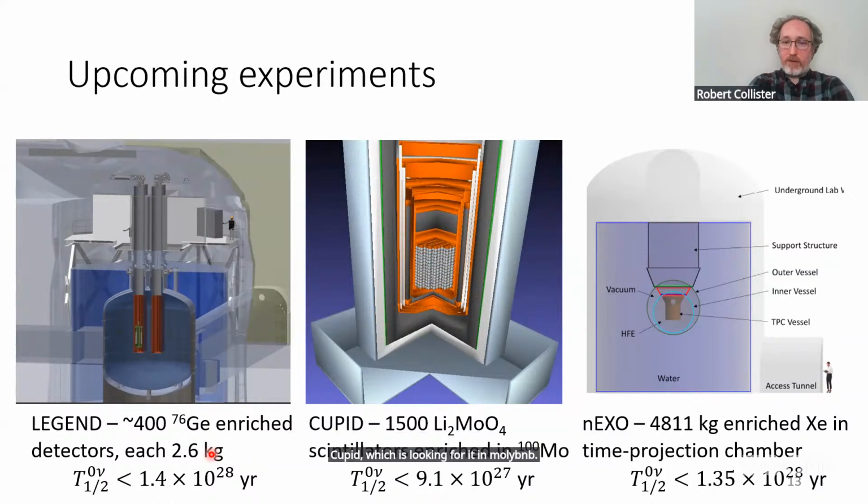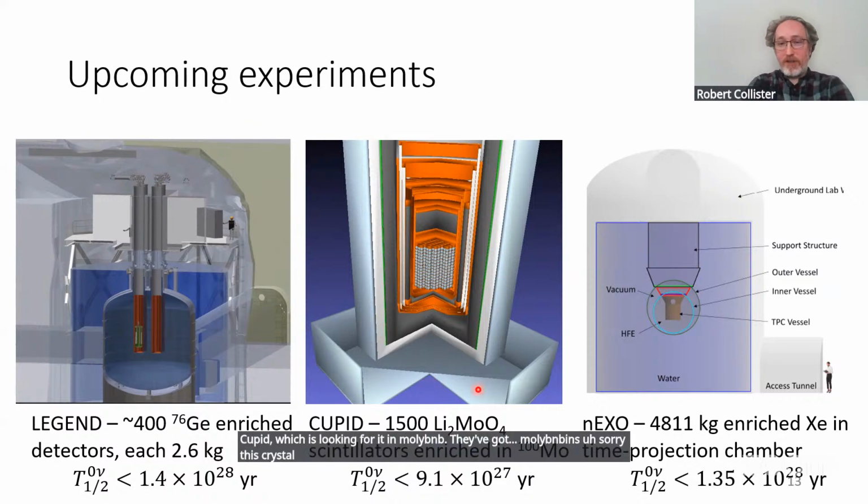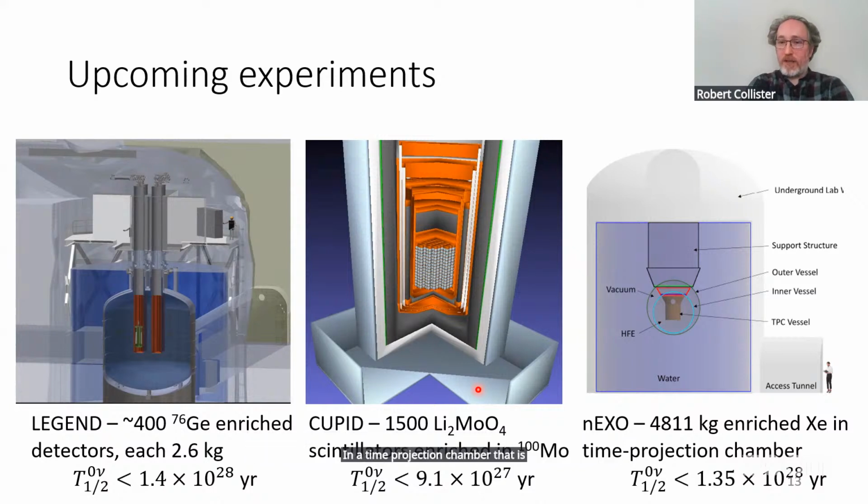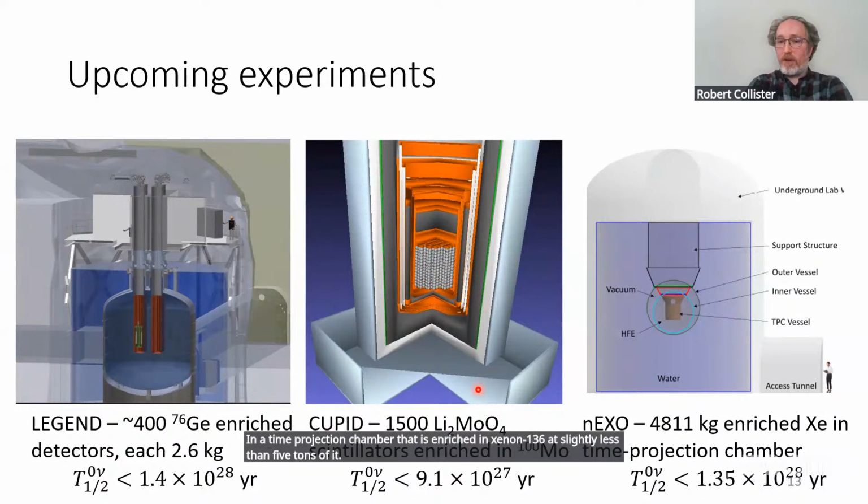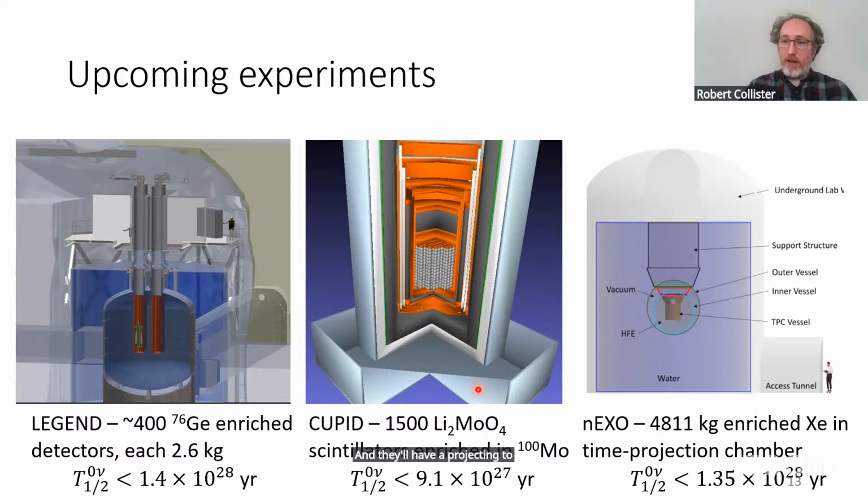They've got a crystal scintillator that's enriched in molybdenum-100, and they'll have a projected sensitivity of just under 10 to the 28 years. And then nEXO, which is liquid xenon in a time projection chamber that is enriched in xenon-136, at slightly less than 5 tons of it. They're projecting a sensitivity comparable to LEGEND.